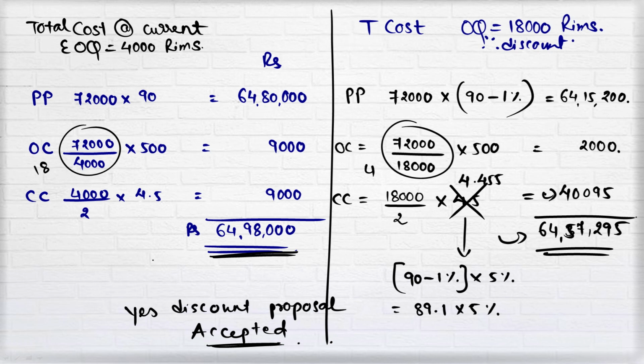You will have to go beyond EOQ. You will have to consider the discount proposal, whether the seller is ready to give you some discount if you purchase all units at a time, and you will have to evaluate that proposal. Otherwise, with purchase price remaining the same, at EOQ your cost will be minimum. Is it alright?